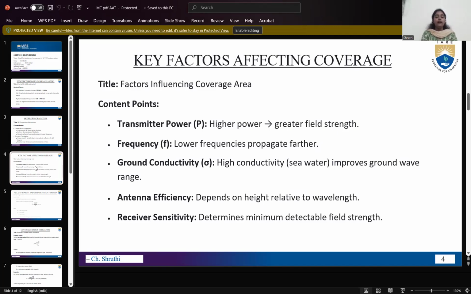Depends on height relative to wavelength. Next, it is about the receiver sensitivity. Determines minimum detectable field strength. The key factors are transmitter power, frequency, ground conductivity, antenna efficiency, and the receiver sensitivity.